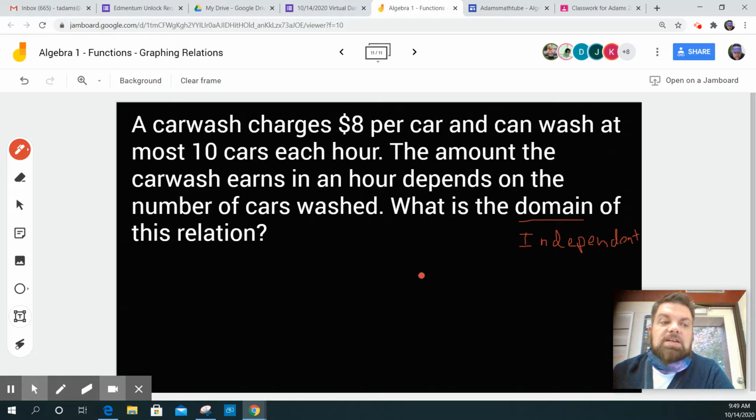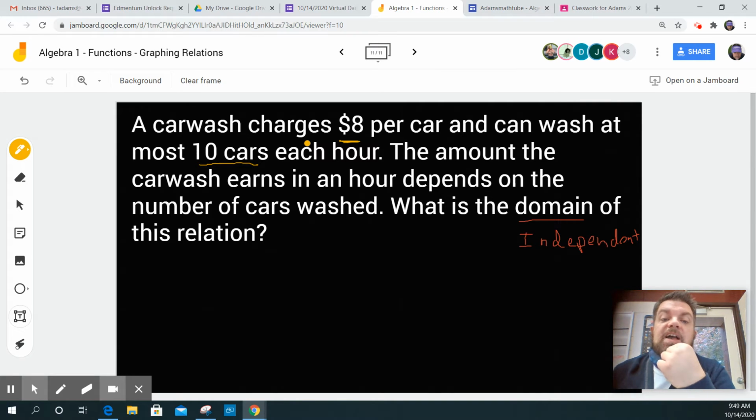Okay. Well, what is it that we're comparing? Well, let's look. I have a charge of $8 per car, and I have the number of cars, and that affects the money that we're charging, correct?